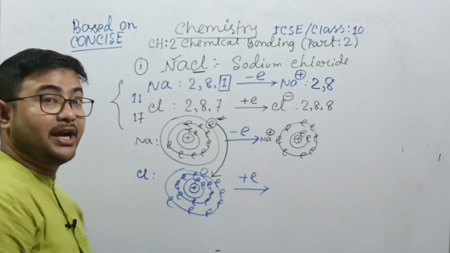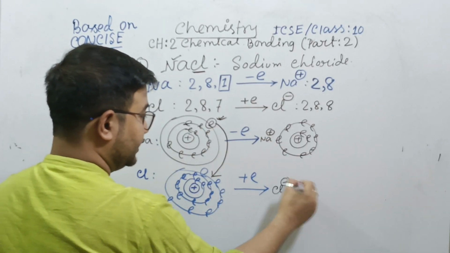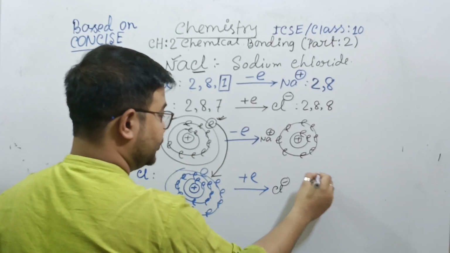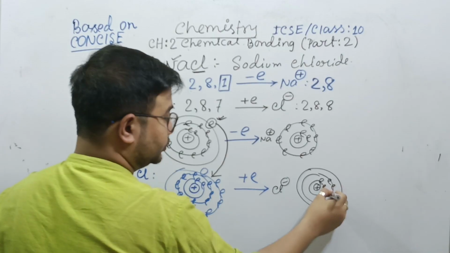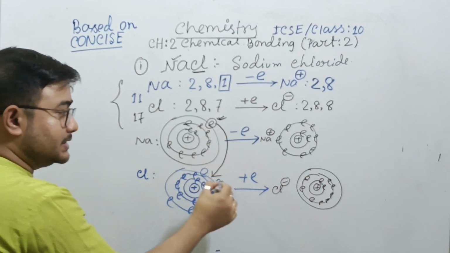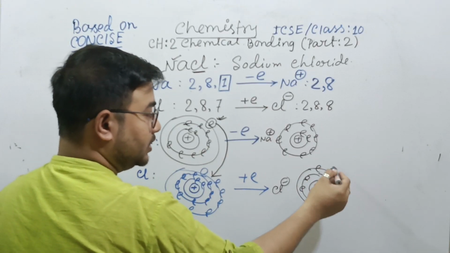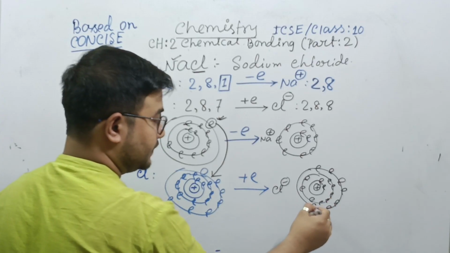Why? Because chlorine tries to accept. So chlorine accepts this electron and forms Cl-. The first shell contains 2, the second shell contains 8, and after accepting this electron, the last shell also contains 8.